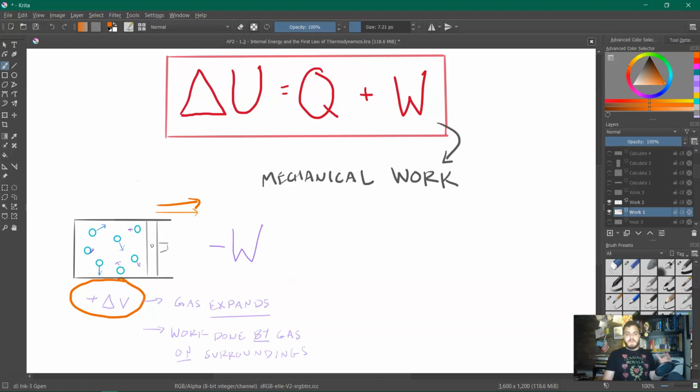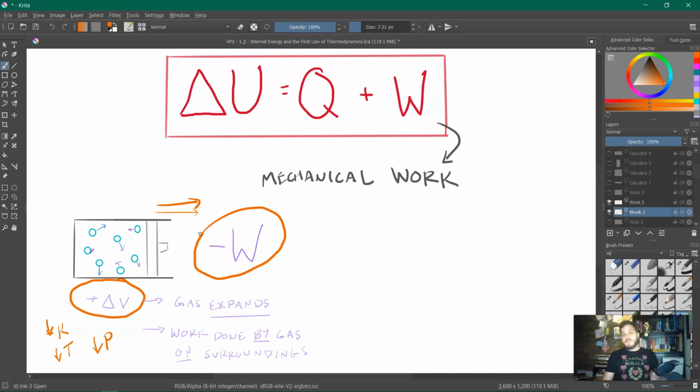As we saw a minute ago, for this to move outward, that means the particles in here have to be losing kinetic energy, so the kinetic energy of the particles is going down. So the temperature is going down, and additionally, we know the pressure is going down. So therefore, the gas is losing energy to the surroundings. It's doing work on the surroundings, so that positive change in volume is actually equivalent to a negative work. The gas is losing energy as it performs this operation.